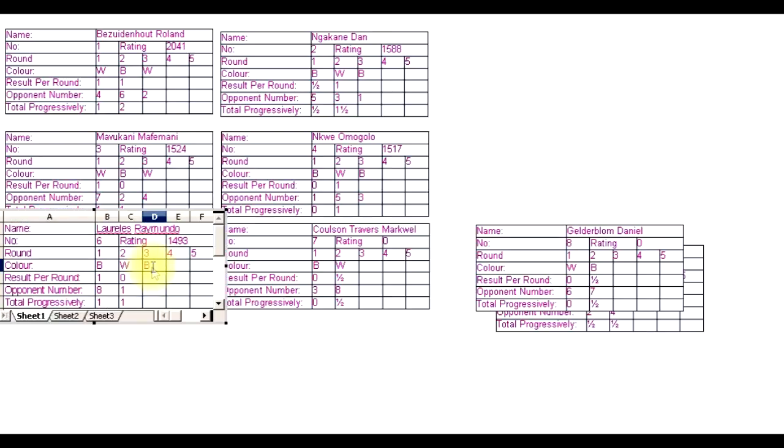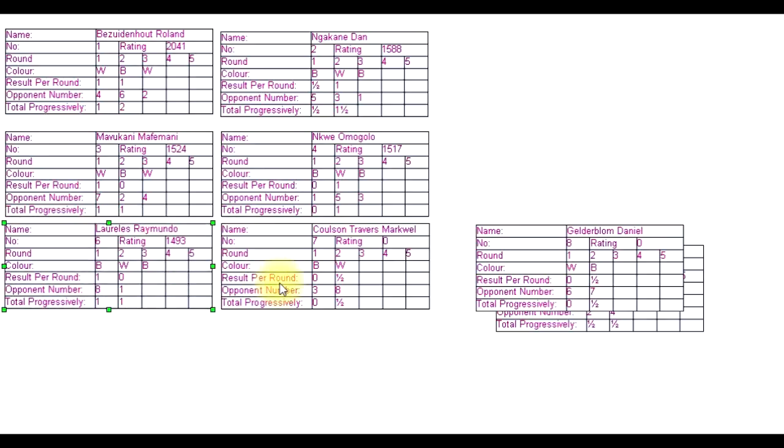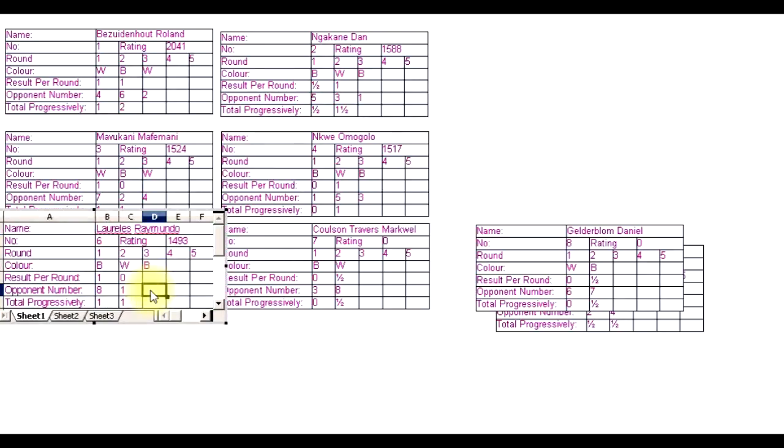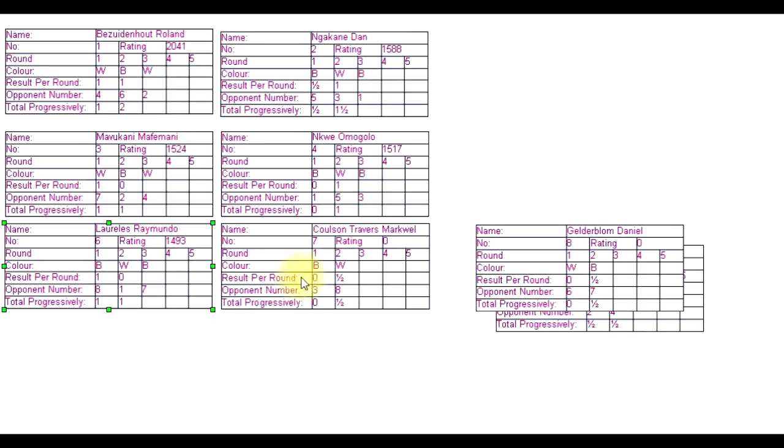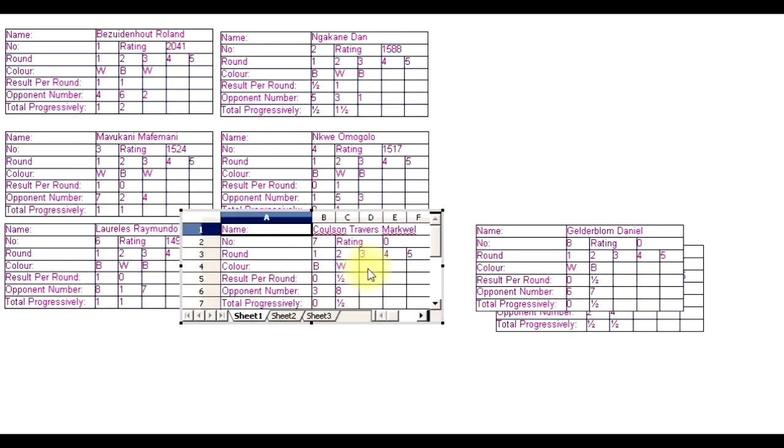Player starting rank number 6 is playing black against player starting rank number 7. Player starting rank number 7 is playing white against player starting rank number 6.